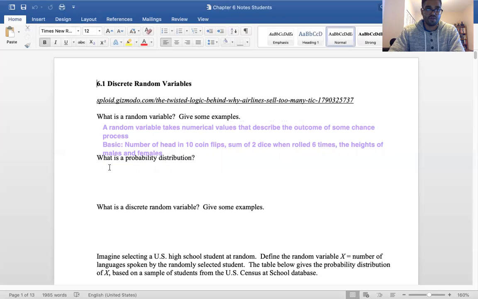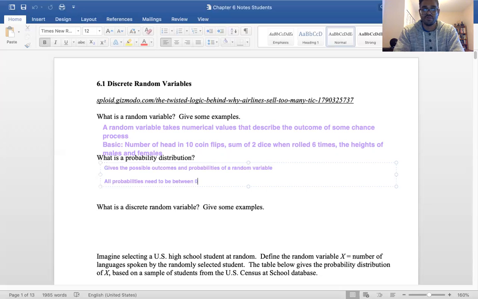Next, what is a probability distribution? It gives the possible outcomes and probabilities of a random variable. There are a couple of little properties that we need to know. First of all, probabilities need to be between 0 and 1.